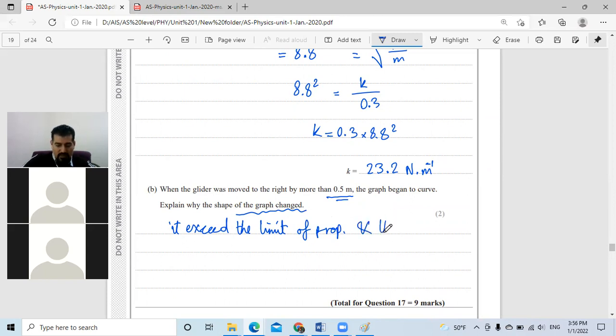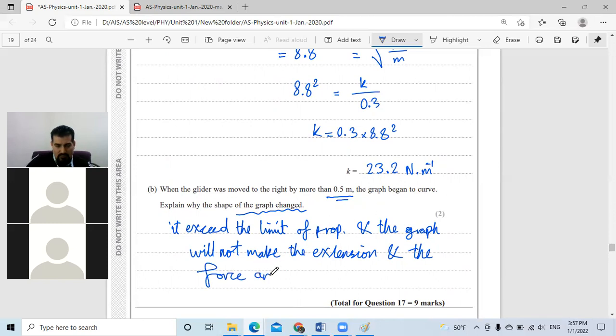So the graph will not make the extension and the force directly proportional.